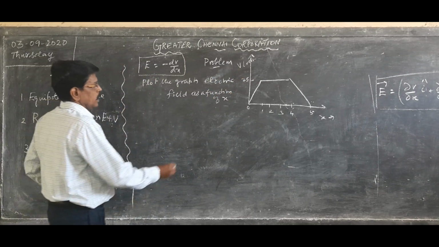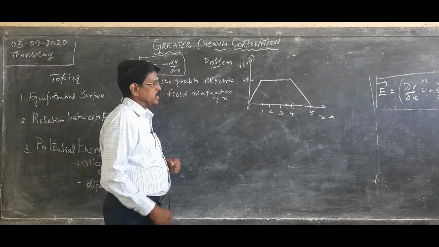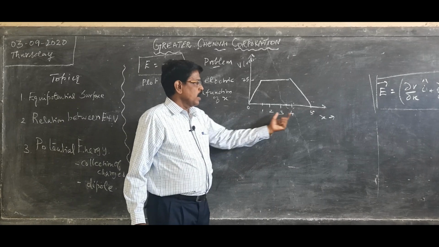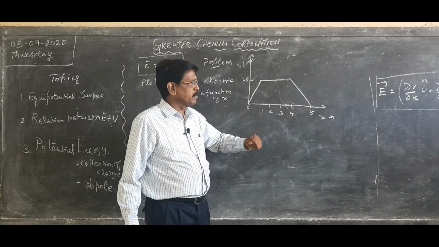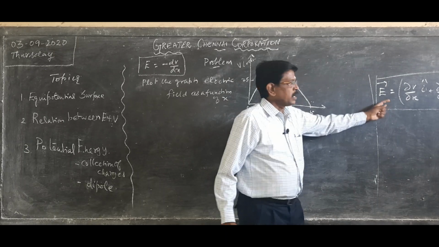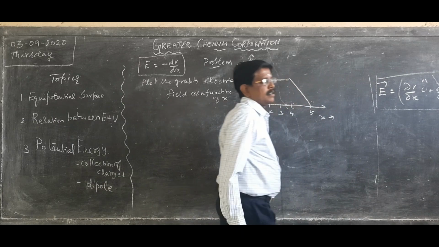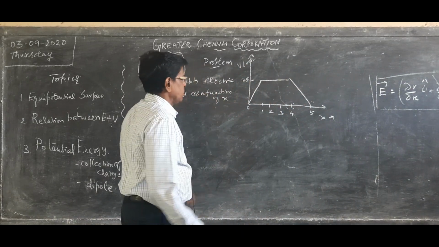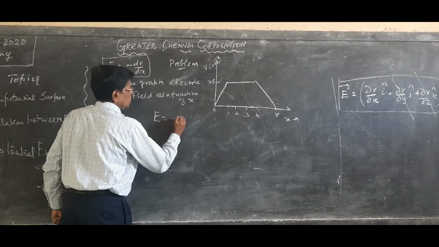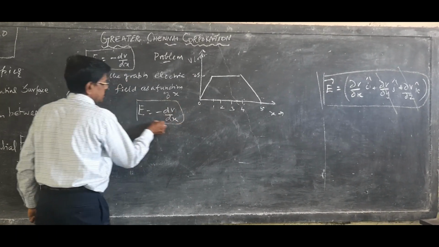Now you see the graph. Since the variation is only along the x axis, it is one dimensional. So this is the formula for the three dimensional case. In this case the j cap and k cap will be 0. So E equal to minus dV by dx, that is along the x axis alone.